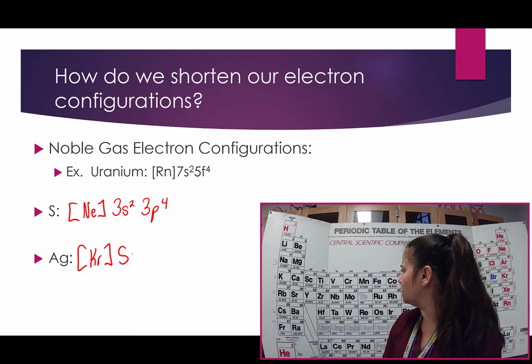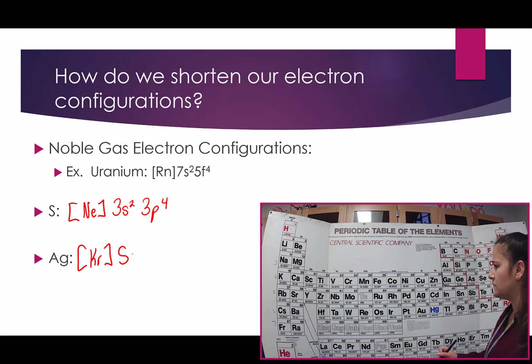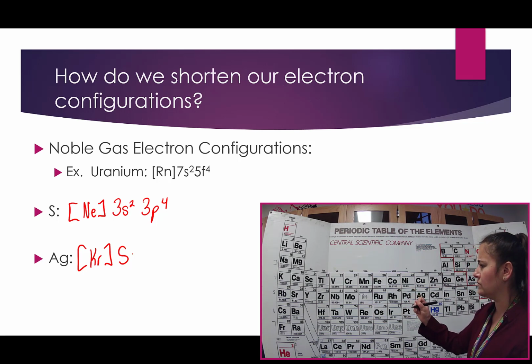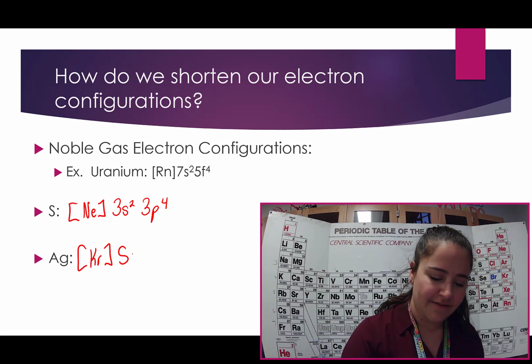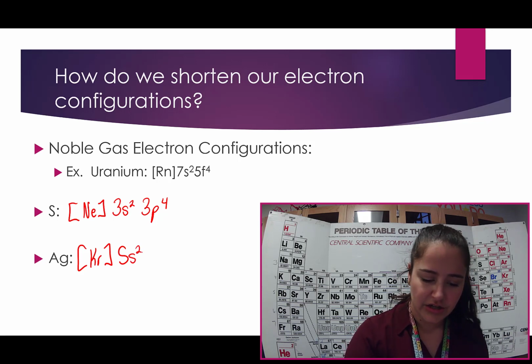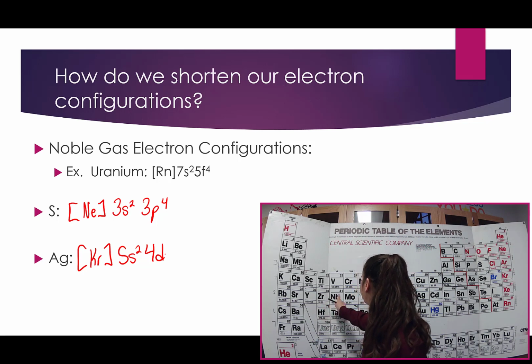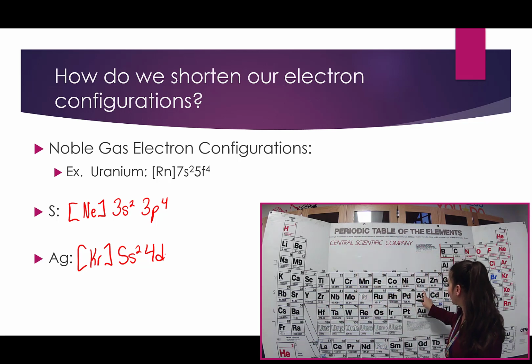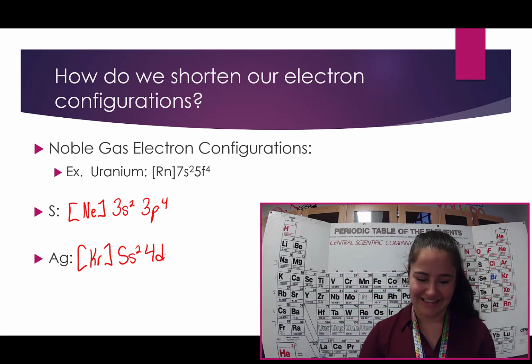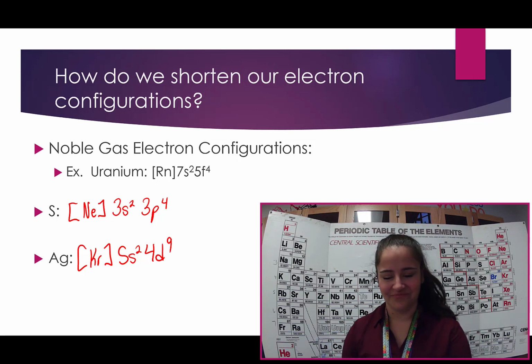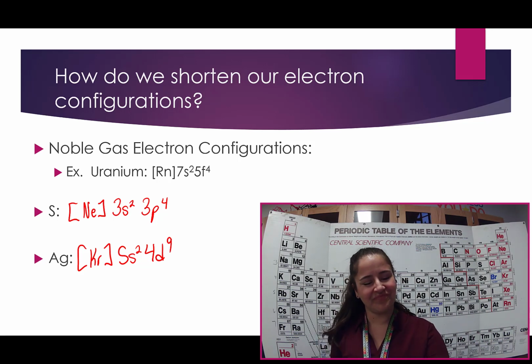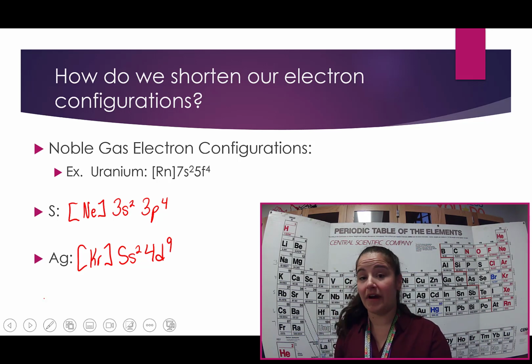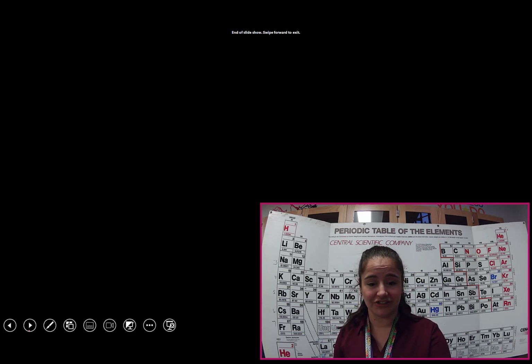Wait, that shouldn't be 5, that should be 6, right? Oh no, that's right. 5s2, 4d, 1, 2, 3, 4, 5, 6, 7, 8, 9. 4d9. Okay. And that's how we write our noble gas electron configurations.